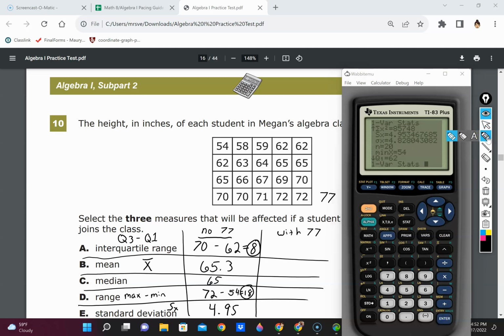Our standard deviation, the second thing listed, is still 4.95. That has not changed, so we don't want to choose that. The minimum is 54. We need that quartile 1 for our interquartile range.